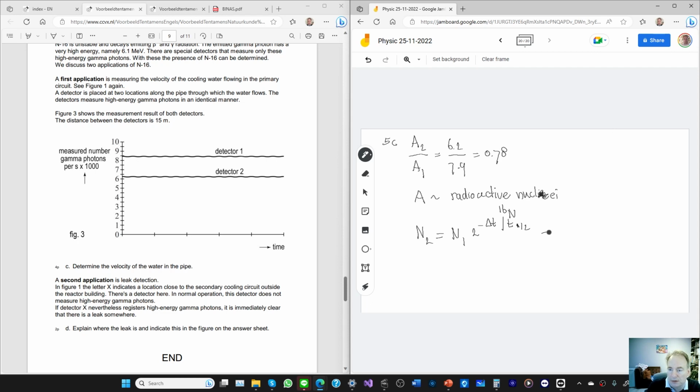So we can say that A2 divided by A1 is N2 divided by N1, because they're proportional, and that is then just equal to 2 to the power minus delta T divided by T 1/2. And we also know that this has to be equal to 0.78.